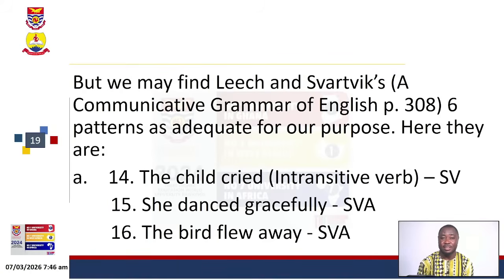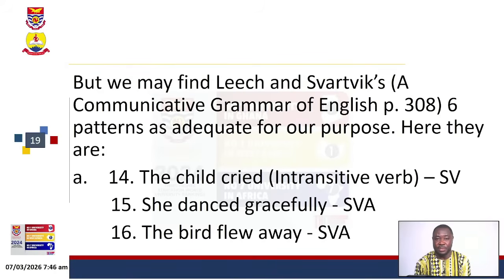She danced gracefully. Yeah, you see SV and then SVA. We are saying all these sentences are SV. The A is like a flower. We are adding it to beautify the sentence. So she danced. How did she dance?